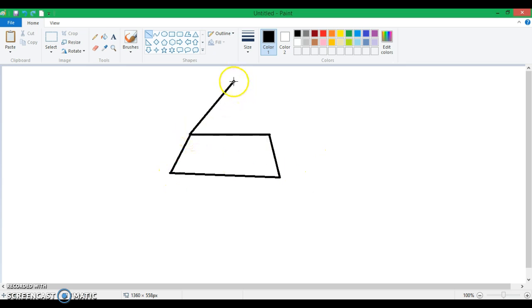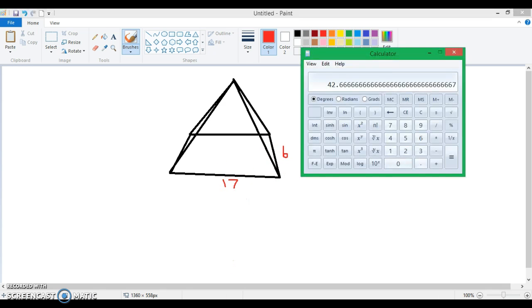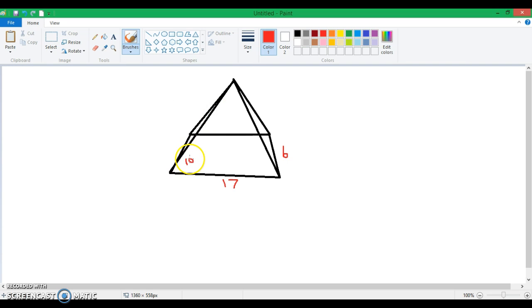Let's say that one side of the base is 6, and the other side of the base is 17. And then 6 times 17 is 102, which means that the area of the base is 102.